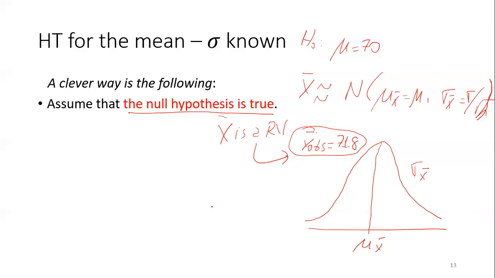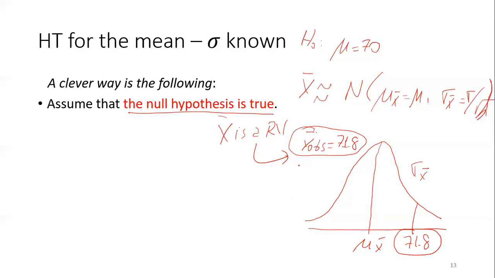So then what you can do is put 71.8 into the plot and see what the probability of observing 71.8 is under this distribution of X bar.